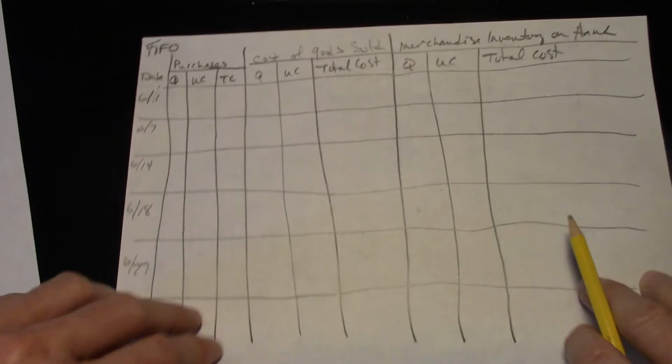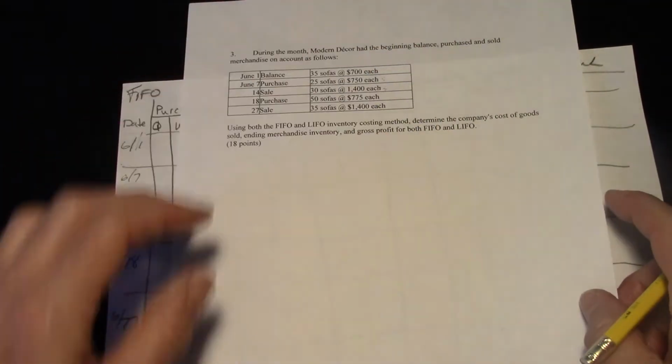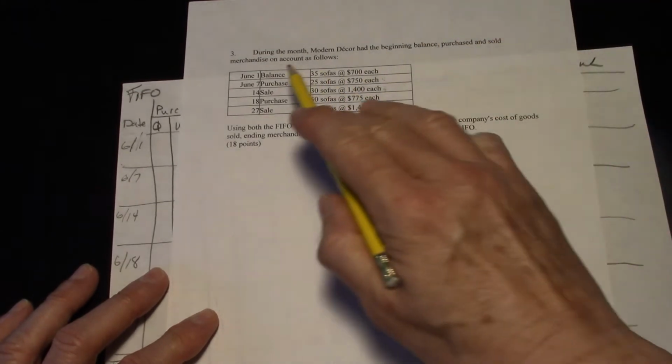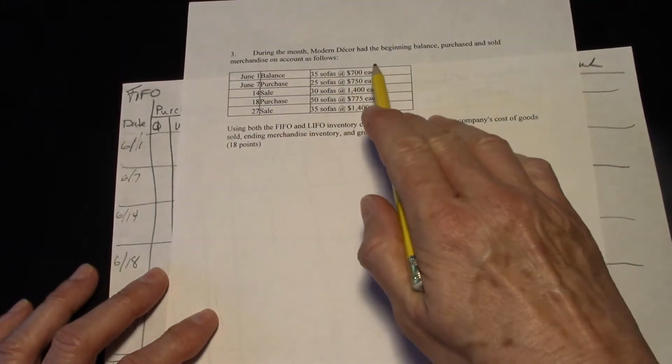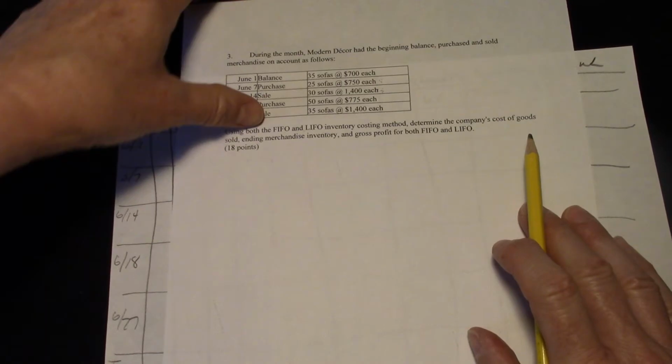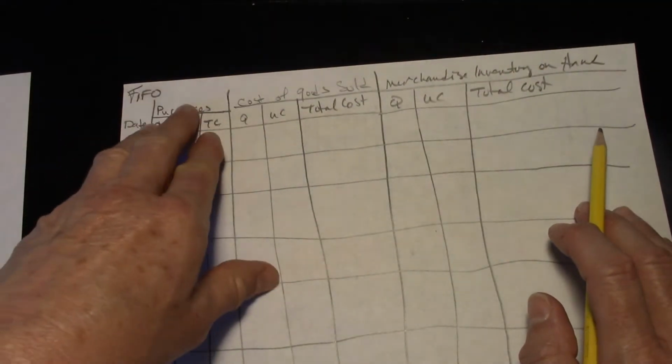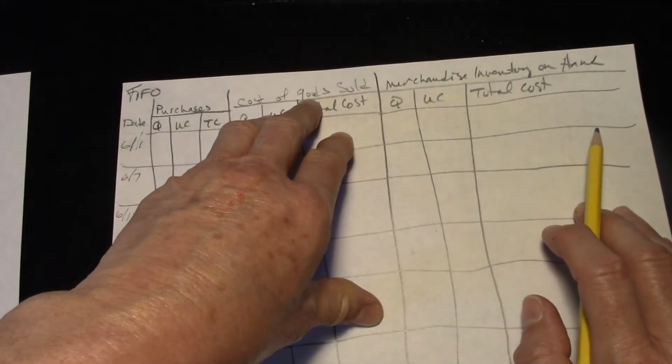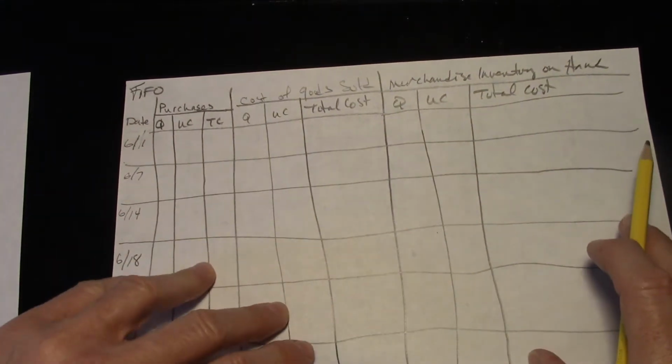All right, so here is what we're keeping track of. On June 1, we start out with 35 sofas that cost $700 each. So that's not a purchase. That's not a cost of goods sold. That's just some of our inventory on hand.